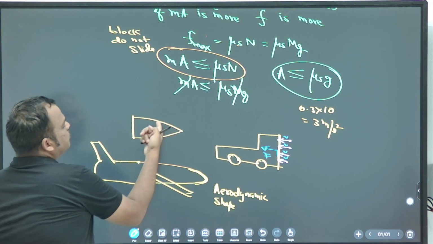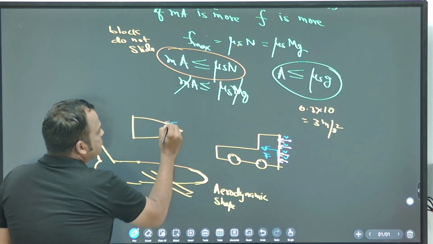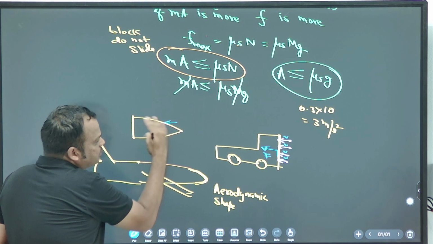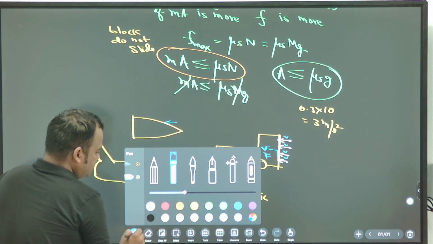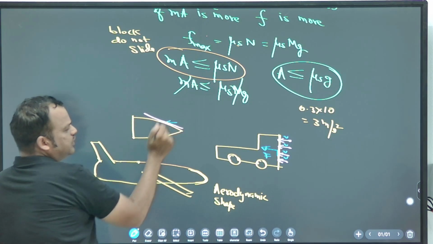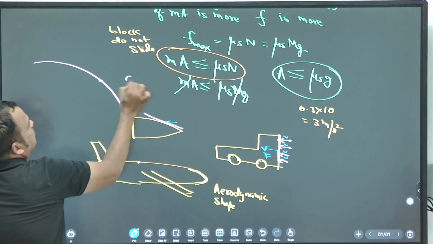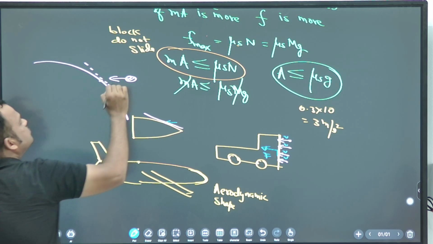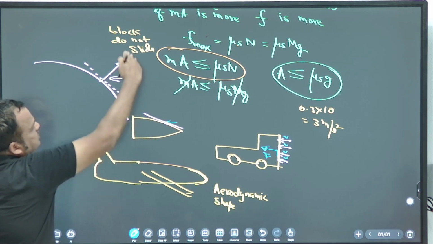But in case of the boat, air molecules will hit like this, air molecules are coming like this, but the surface is not perpendicular to it. The surface is curved like this. This is the surface, tangent to the surface. So draw the tangent here.